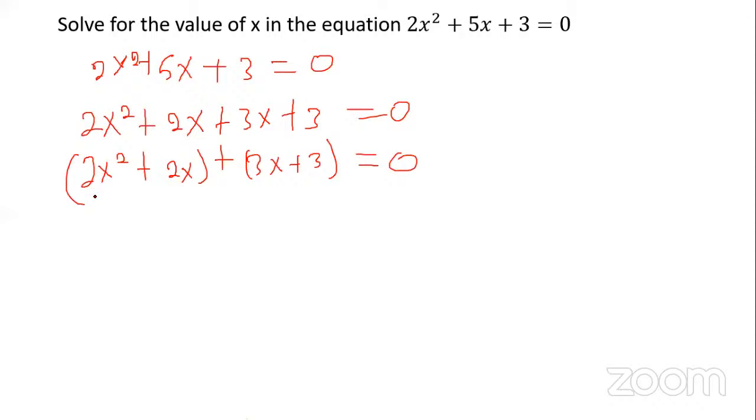So we were still on this. We had said 2x is the common factor. So what remains inside the bracket when we pull out a 2x?